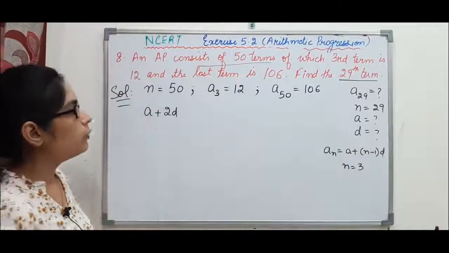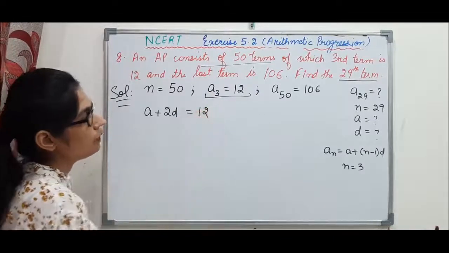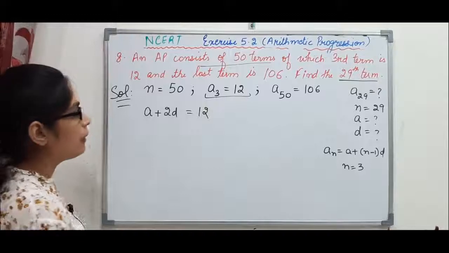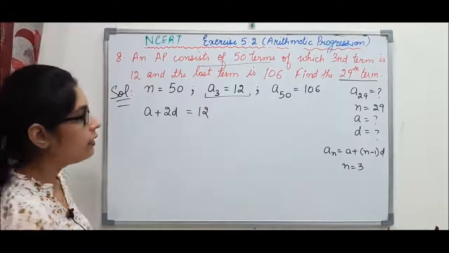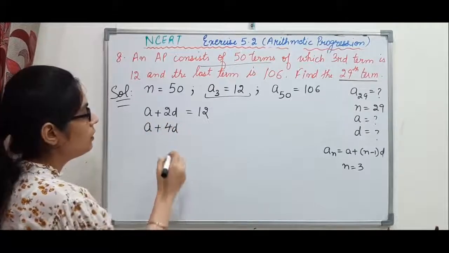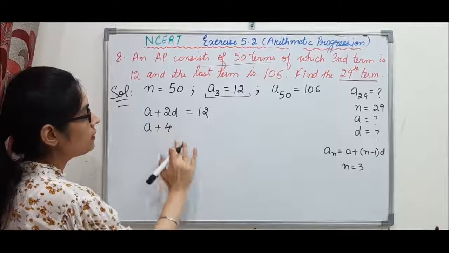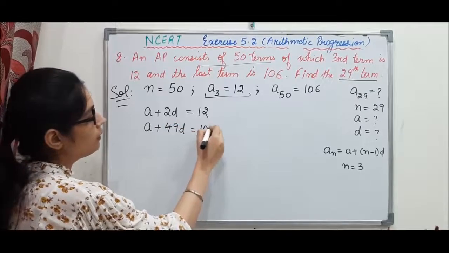So A plus 2D is equal to 12. For the 50th term, if you substitute in that formula you will get A plus 49D, as we learnt in the previous exercise. So A plus 49D is equal to 106.